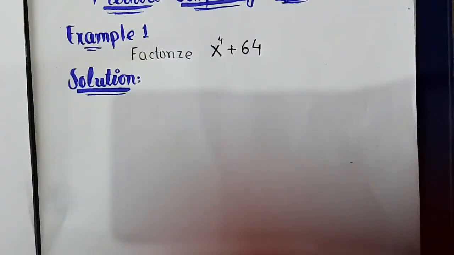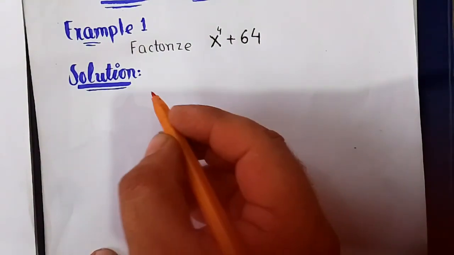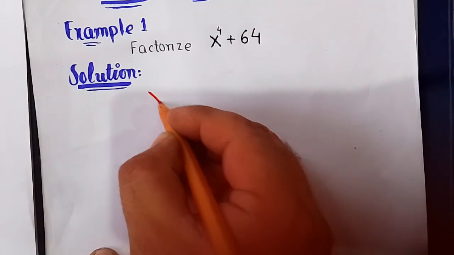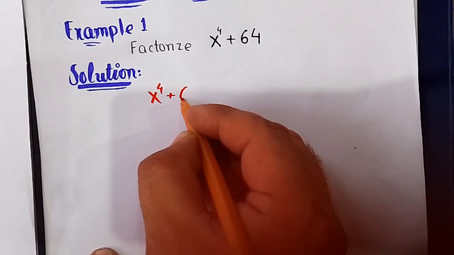Here is the first question, x power 4 plus 64, and how to factorize it, let's see. First we write the question again, x power 4 plus 64.